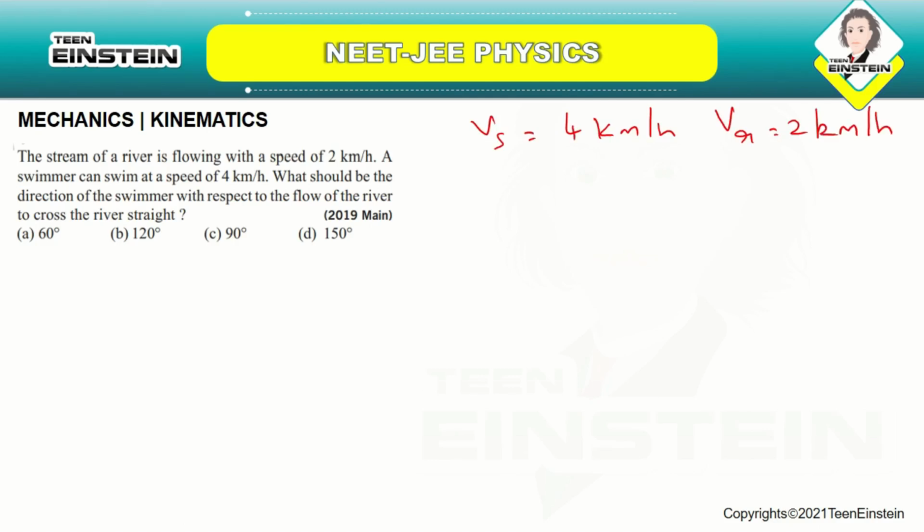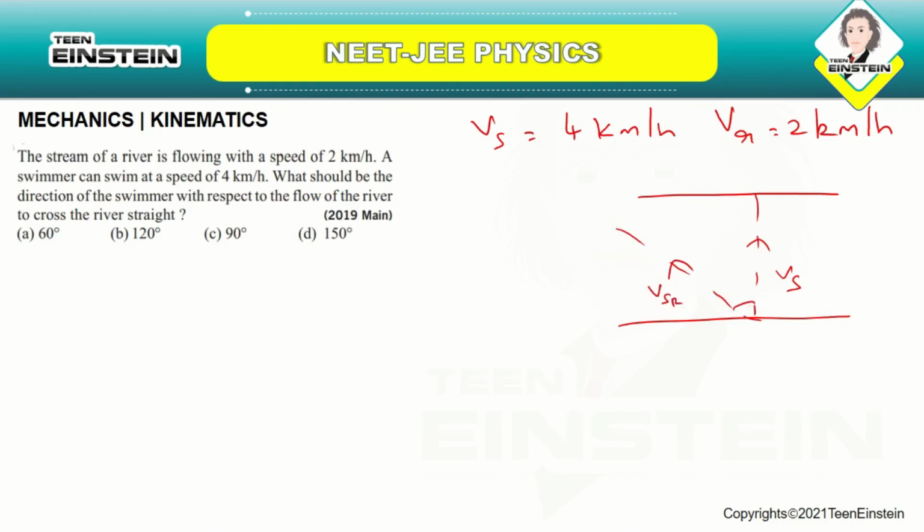So, the angle of the swimmer with the flow of the river, you can draw a diagram like this. Okay. So, here you have the velocity of the river and the swimmer. Here it is Vs and this is VSR.